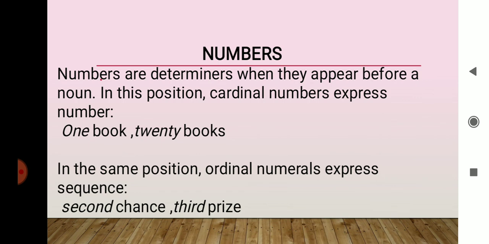Our next type of determiner is numbers. Numbers are determiners when they appear before a noun. In this position, cardinal numbers express number. 1 book, 20 books. In the same position, ordinal numerals express sequence, second chance, third prize.